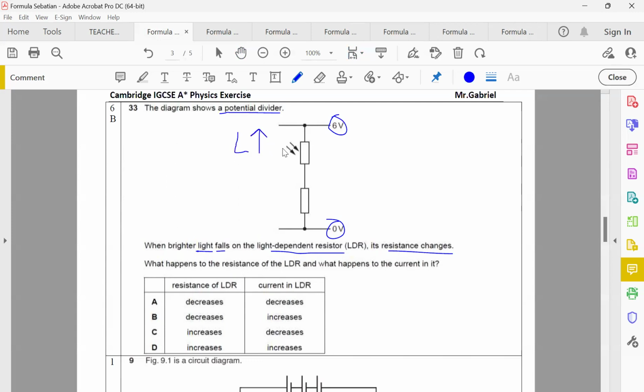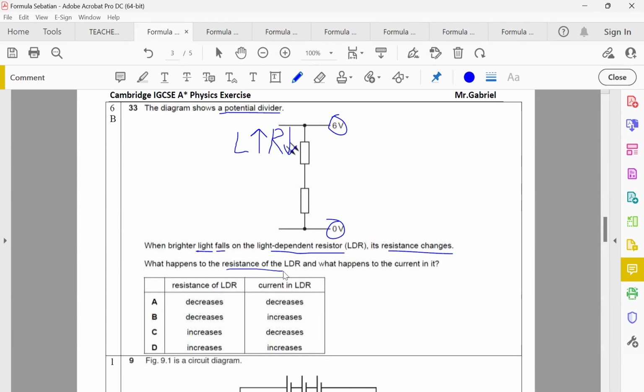What will happen to the resistance of this light dependent resistor? Decrease. It's always opposite of each other. Remember, light dependent resistors and thermistors will always be opposite. High light, low resistance; low light, high resistance; high temperature, low resistance; low temperature, high resistance. They are always opposite of each other.